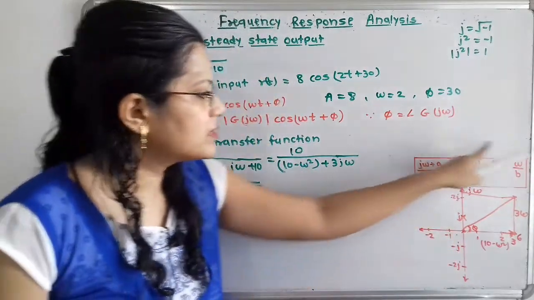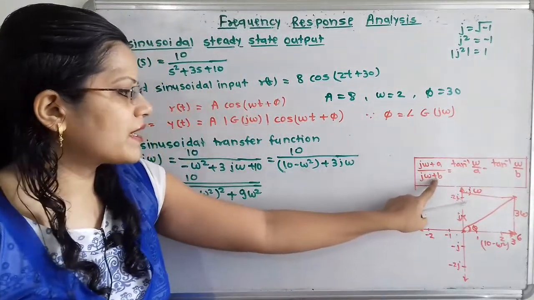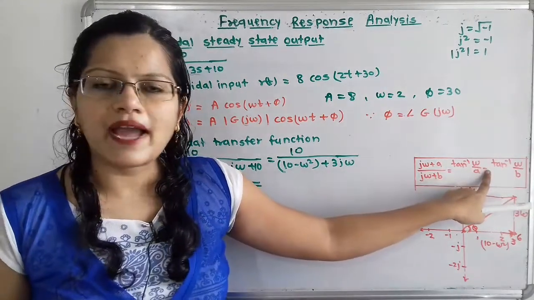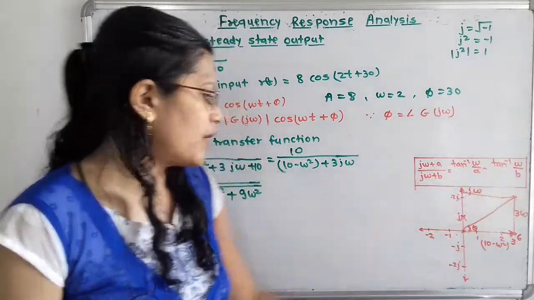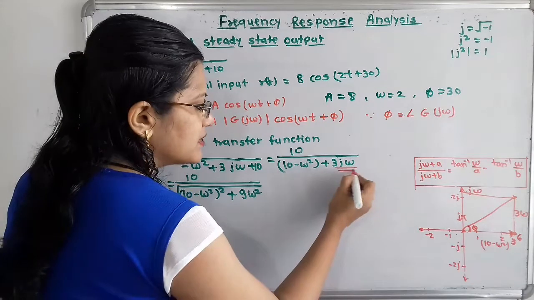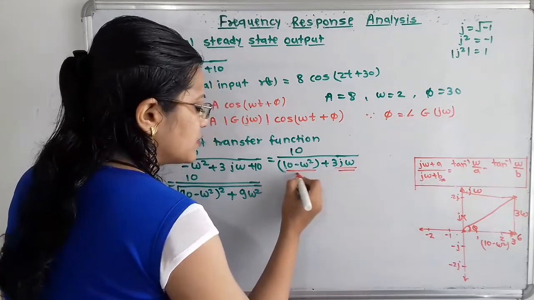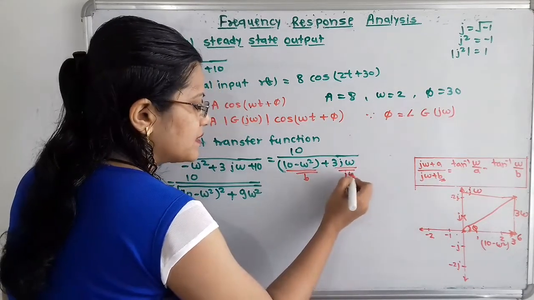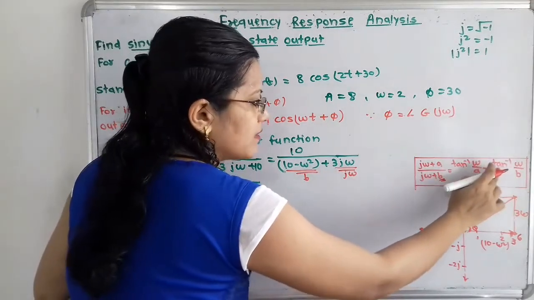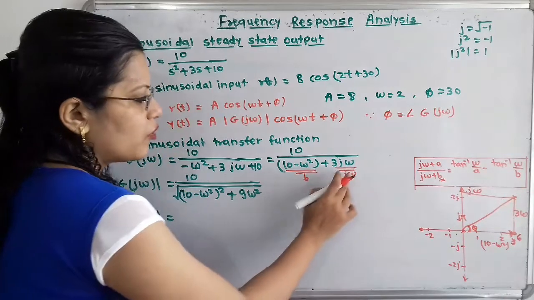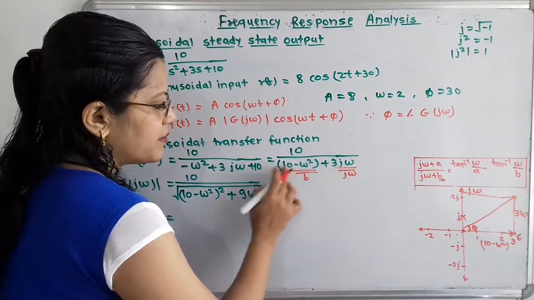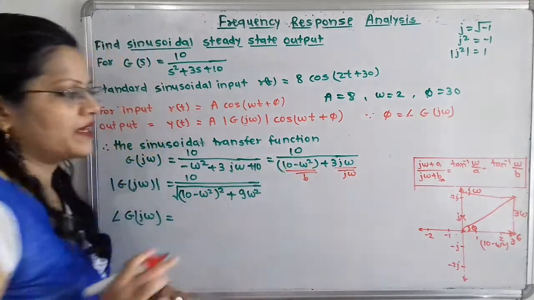But according to this equation, because j omega plus b is in the denominator, we have to take a minus sign for this formula. So how can we write it? Here the j omega term is this and the b term is this. So according to this formula we have to take minus tan inverse of omega, that is 3 omega, divided by b, that is 10 minus omega square.